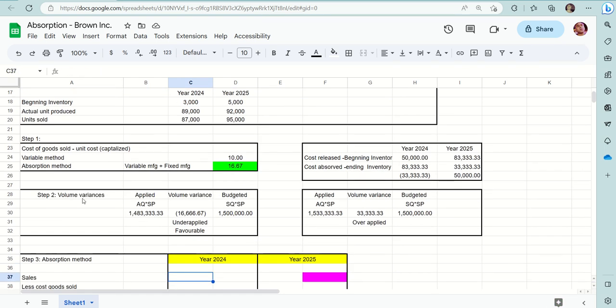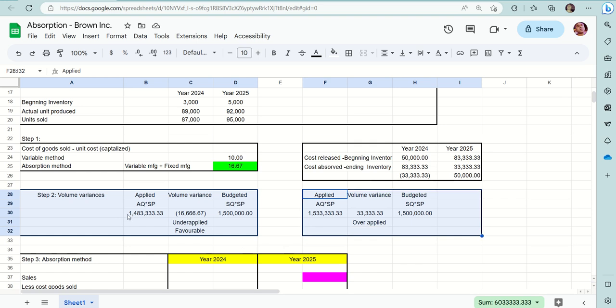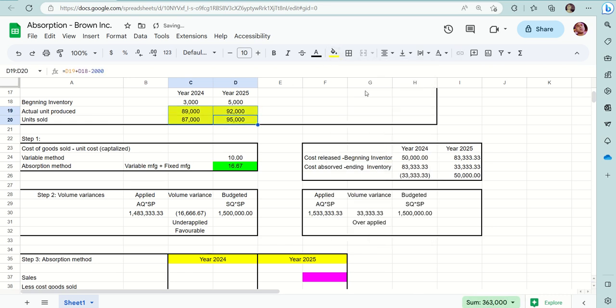In step two, we calculate volume variances because you're going to need that for absorption costing. And why would you need that? Because at some point you will see that the units sold and units produced are different, highlighted in yellow. And you need to address that with respect to budgeted units.